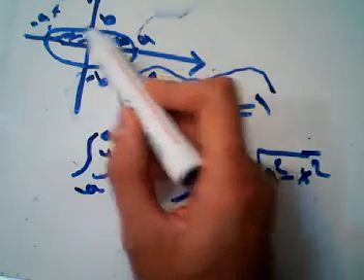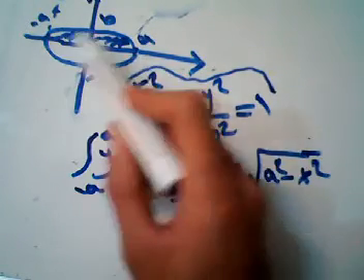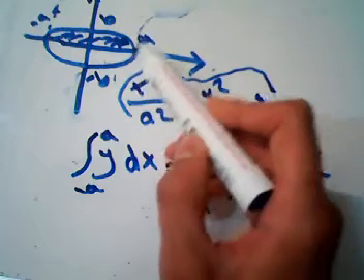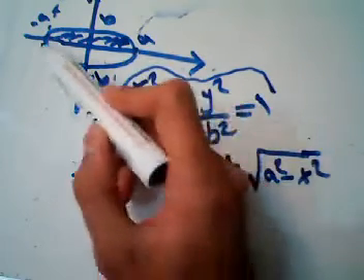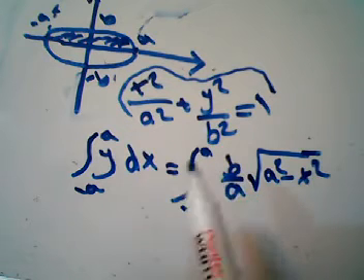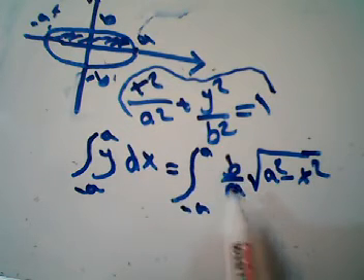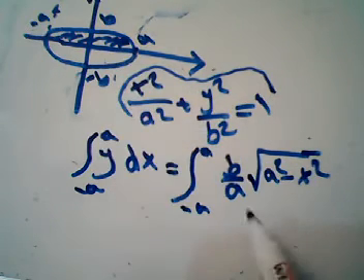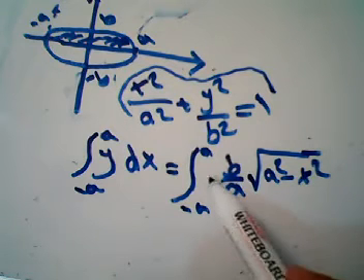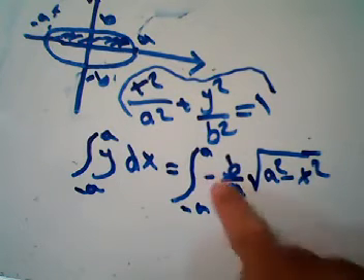This is the upper curve from minus a to a, the first curve, which itself is a function, and the lower one. The relation for the upper curve is this, and the relation for the lower curve is this.